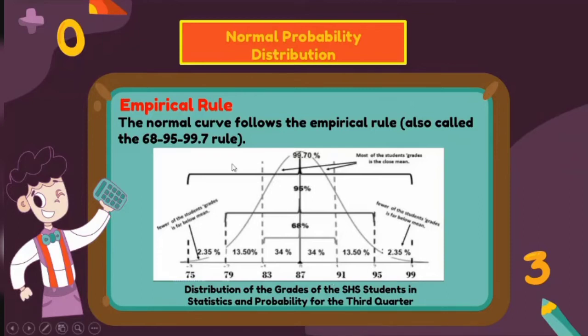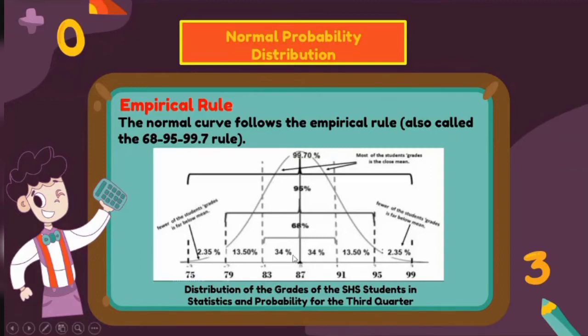Another thing, for the empirical rule, what we really stress in this topic is the percentage formed by the given mean with the unit, for example the standard deviation, the 1, 2, and 3 and the other side. So let's say for 87 and 83, you have one standard deviation to the left.